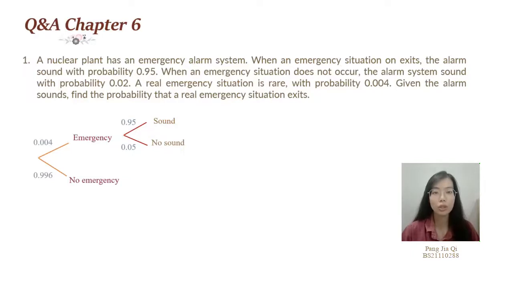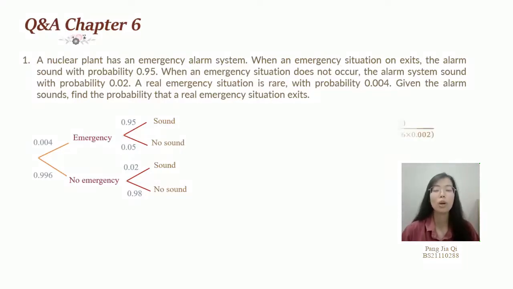In an emergency situation, the probability the alarm system does not sound equals 1 minus 0.95, which equals 0.05. In a non-emergency situation, the probability the alarm system sounds equals 0.02. In a non-emergency situation, the probability the alarm system does not sound equals 1 minus 0.02, which equals 0.98.